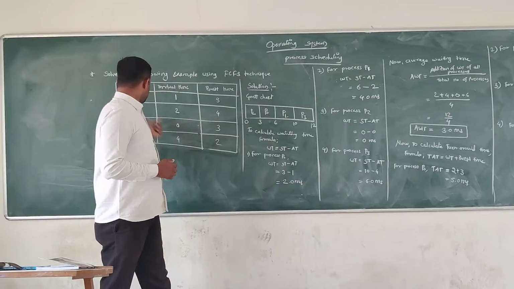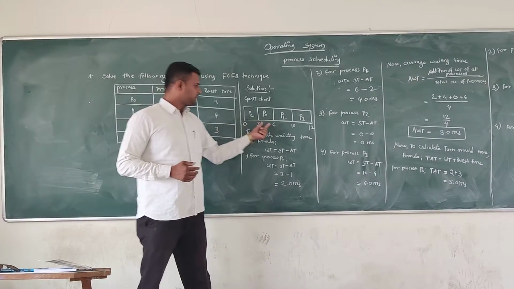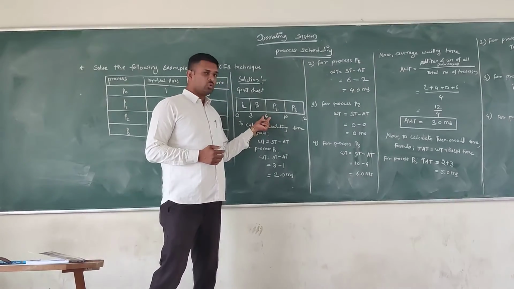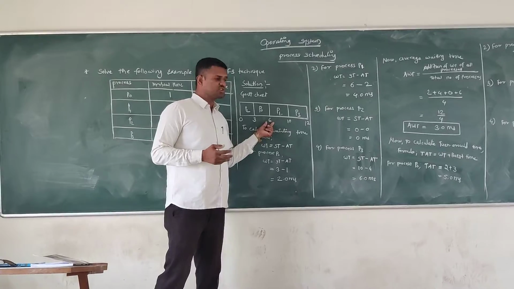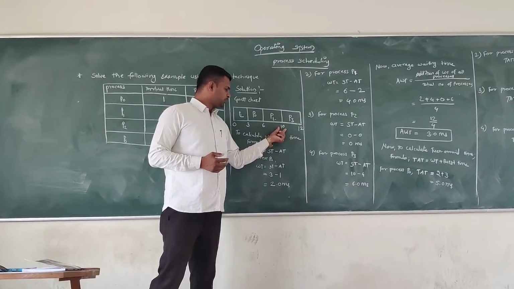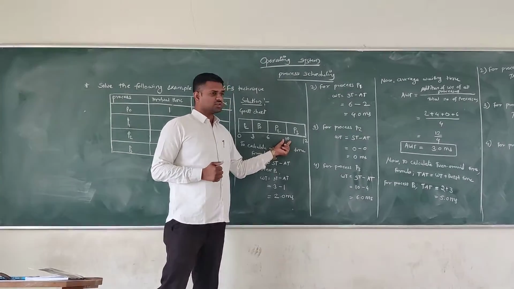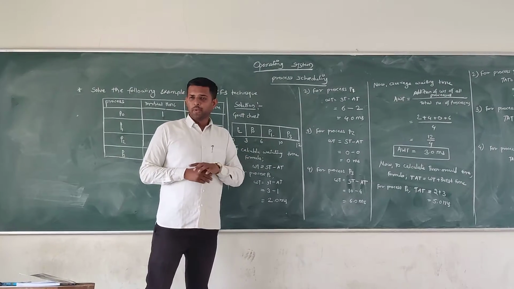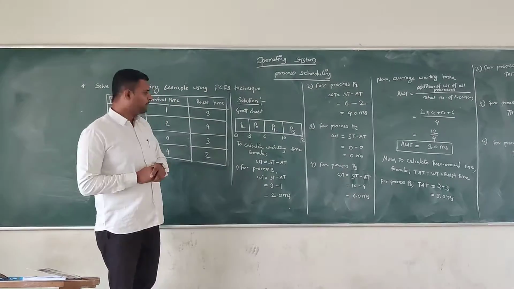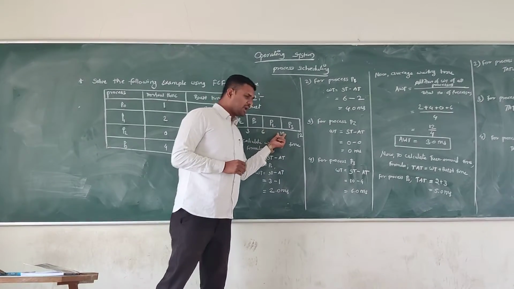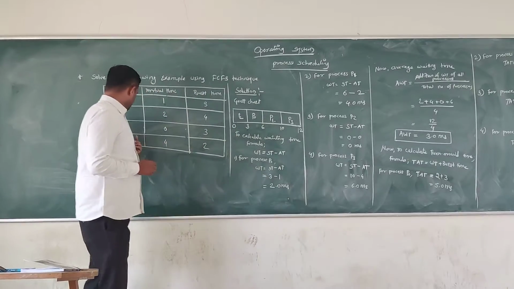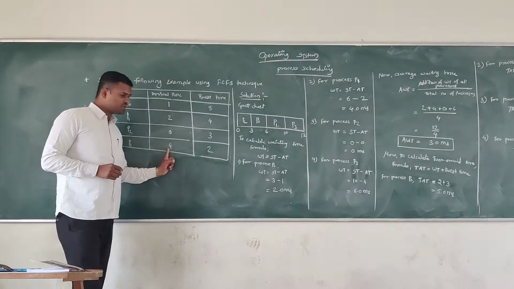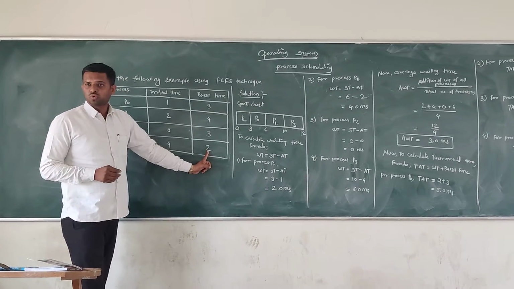Process P1 has a burst time of 4 milliseconds. That means we have to add 6 plus 4 milliseconds to the previous finish time, and the CPU goes up to 10 milliseconds. At 10 milliseconds, process P1 completes its execution. After 10 milliseconds, the last process, which has already arrived at 4 milliseconds, has a burst time of 2 milliseconds.